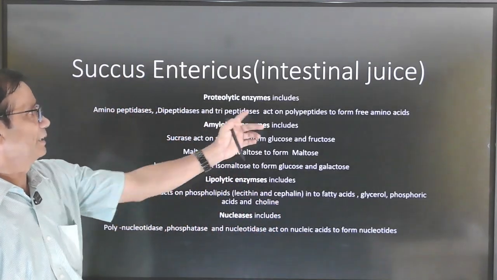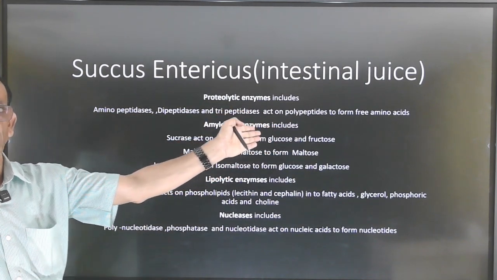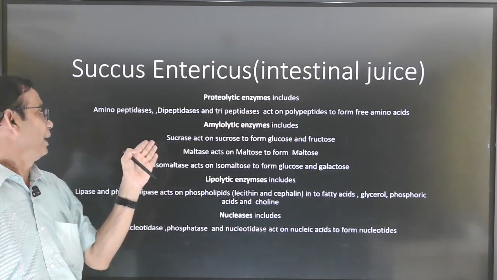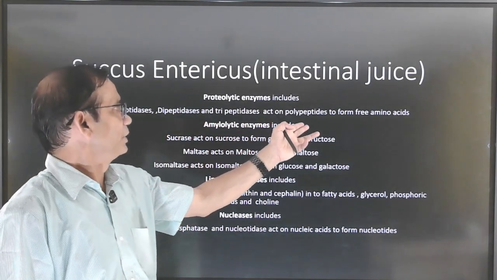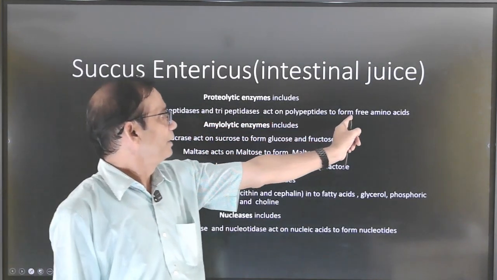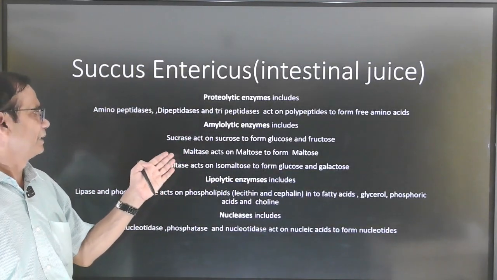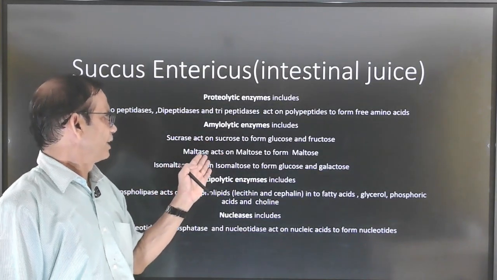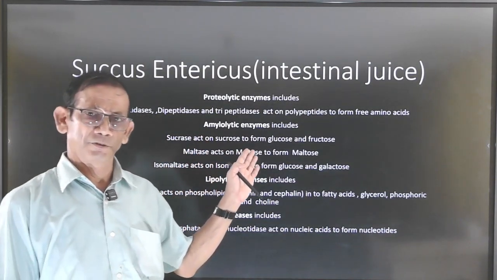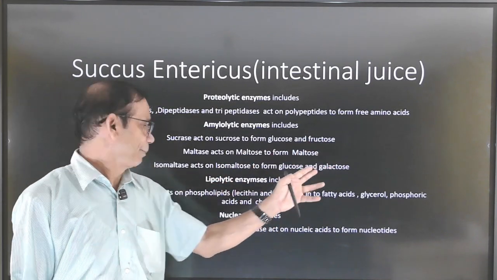Here, proteolytic enzymes, that means breakdown of protein molecules, the last protein digesting enzymes are aminopeptidase, dipeptidase and tripeptidase, which act on polypeptide to form free amino acid. Similarly, the amylolytic enzymes contain sucrase and maltase, which act on sucrose to glucose and maltose to glucose respectively.